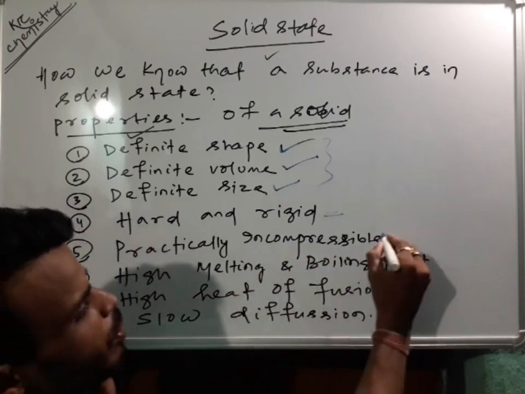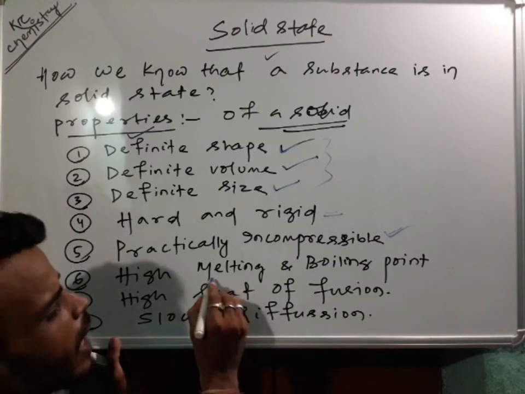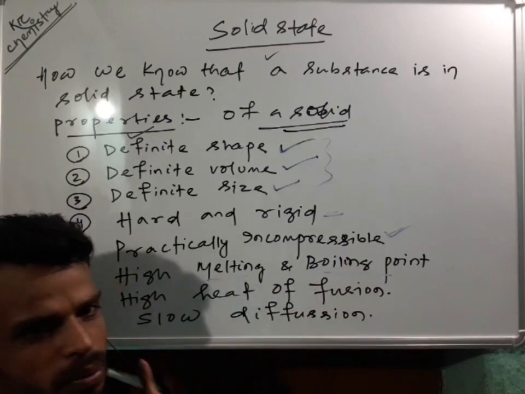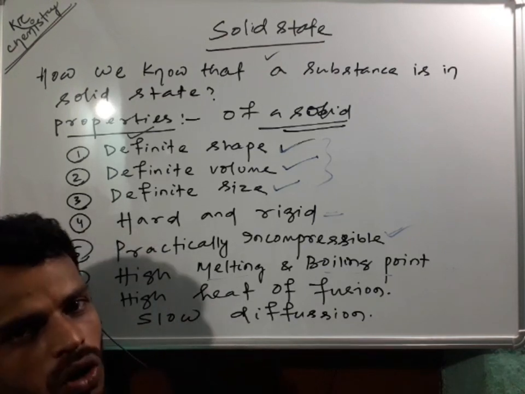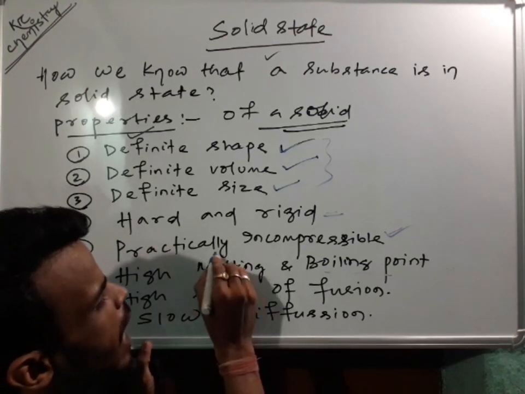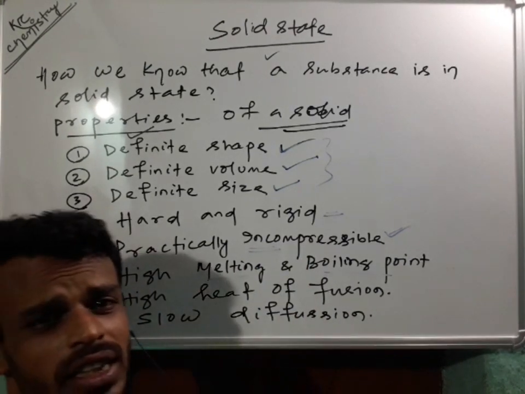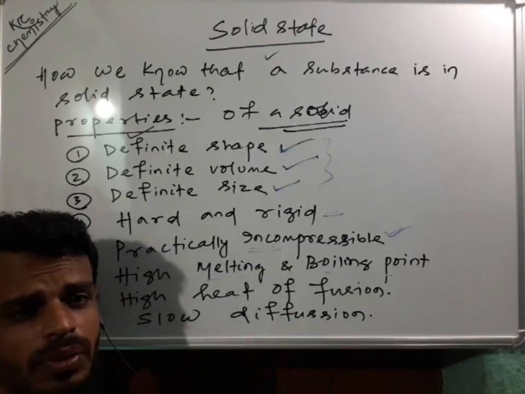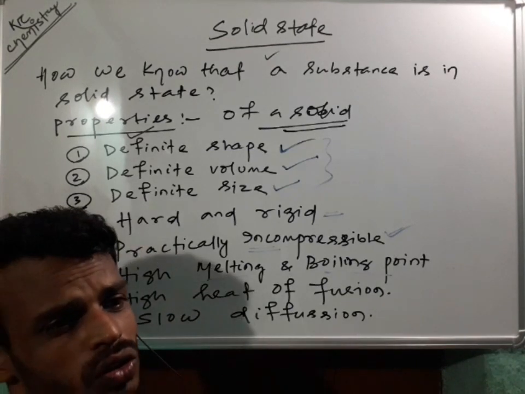These are practically incompressible, and these have a high melting point and boiling point because their intermolecular force of attraction is very strong. That's why these are highly incompressible. As the intermolecular force of attraction is very strong, it is very difficult to melt.